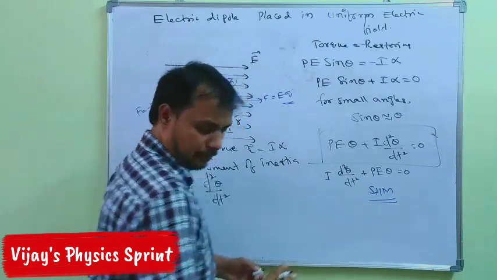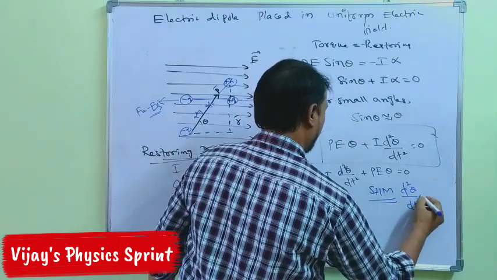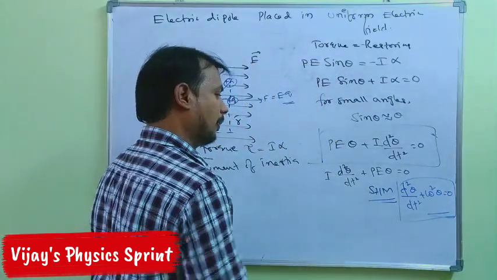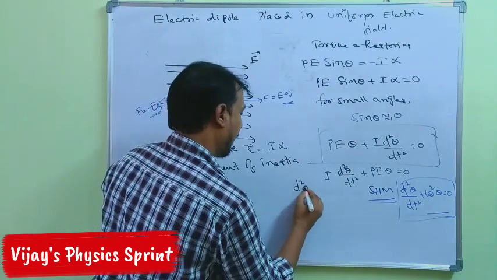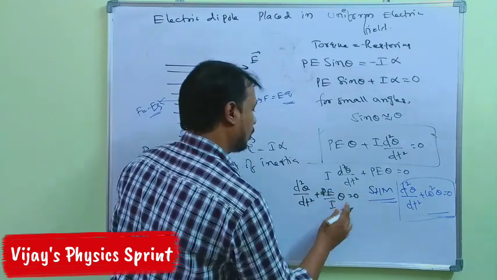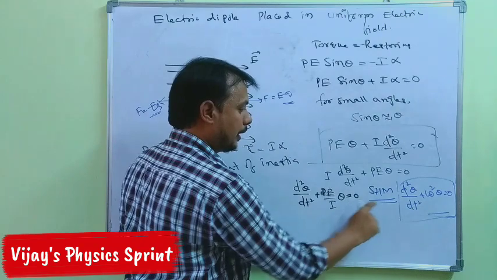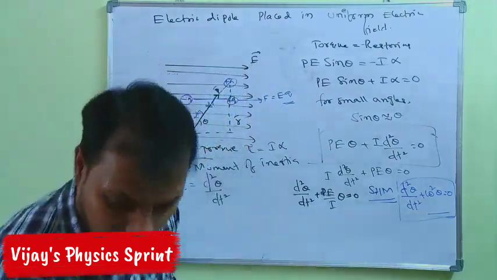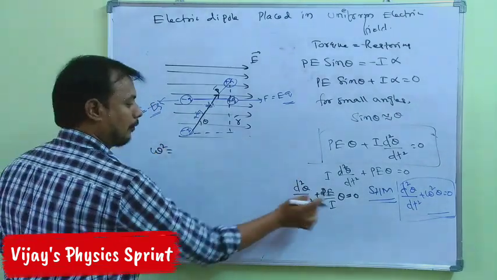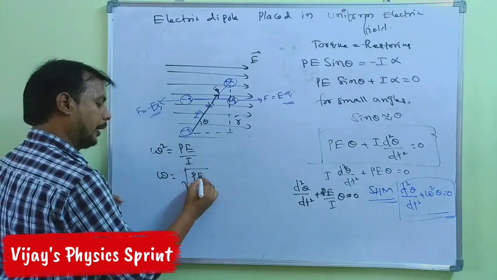Dividing by I, the SHM equation is d square theta by dt square plus omega square theta equals 0. Our equation becomes d square theta by dt square plus pE by I times theta equals 0. Comparing with the SHM equation, in place of omega square we get pE by I. So omega equals root over pE by I.